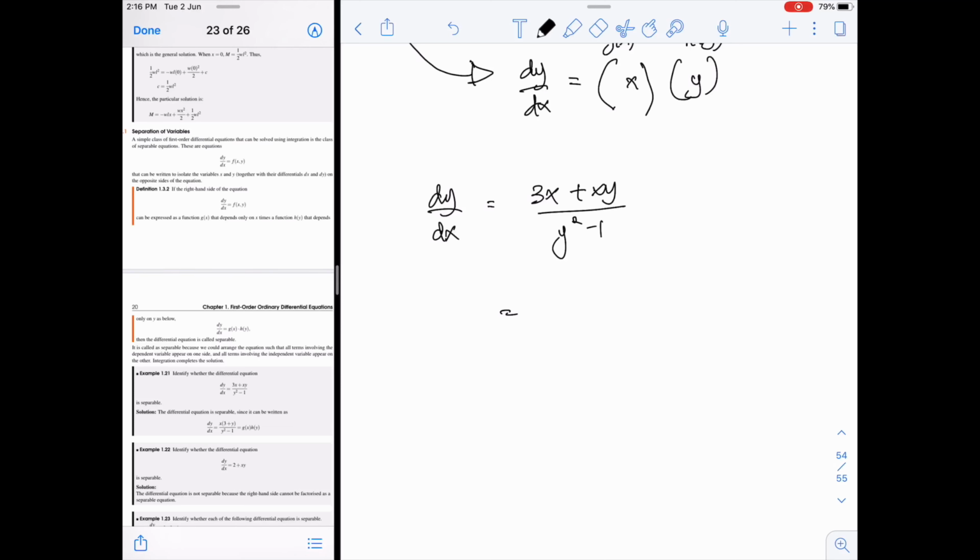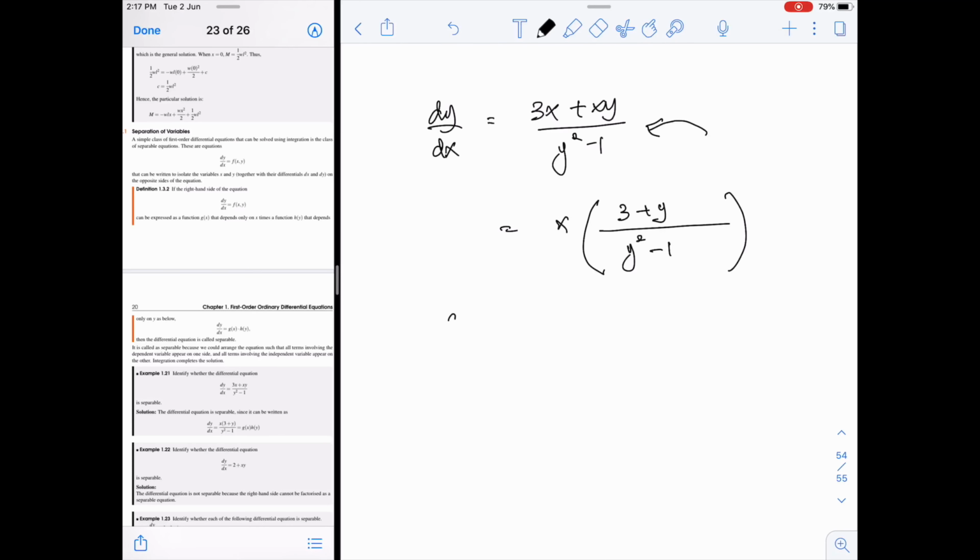According to this expression, you can bring the x outside, where you will have 3 plus y in the numerator, and then you put the denominator together with the terms of y. So you have already separated the x function and the y function.